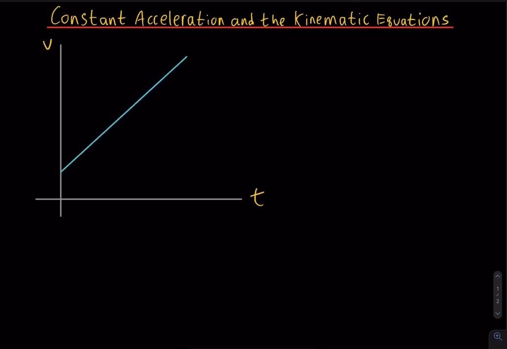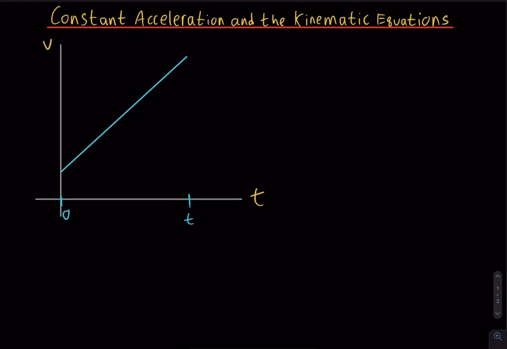It's just some straight line from whatever my t values are, my initial time, which we're now going to start thinking of as 0, and some time t here. So I have a nice straight line. I have constant acceleration. My velocity is increasing steadily from time 0 up to some other time.